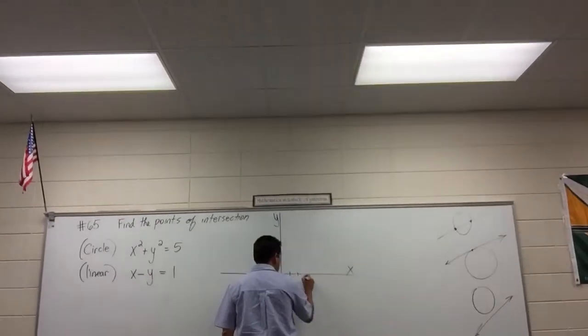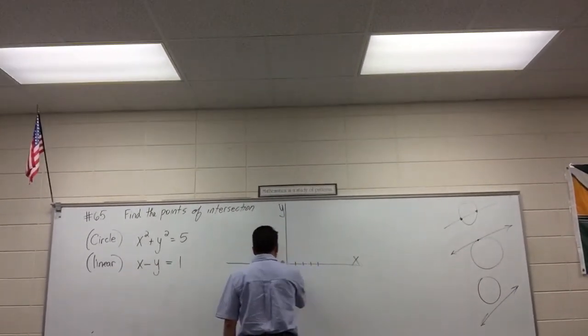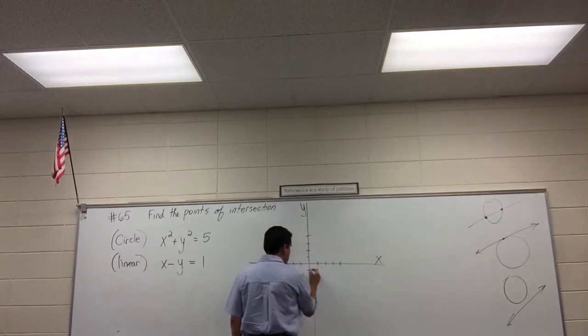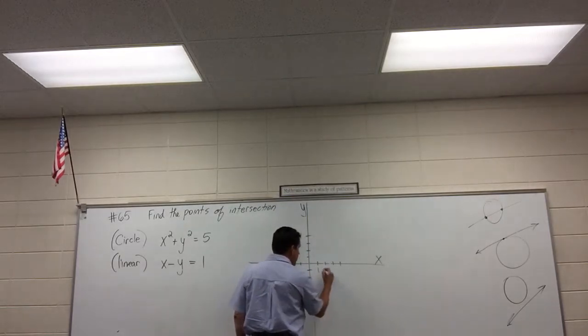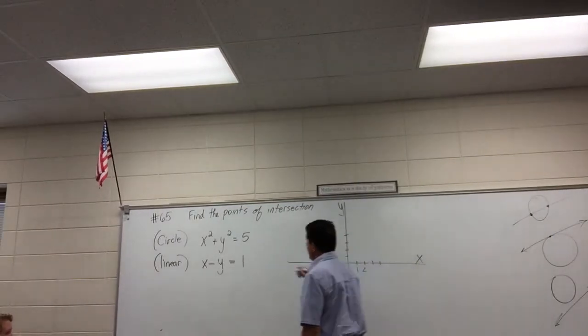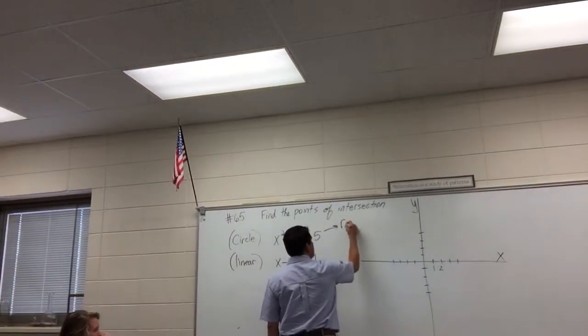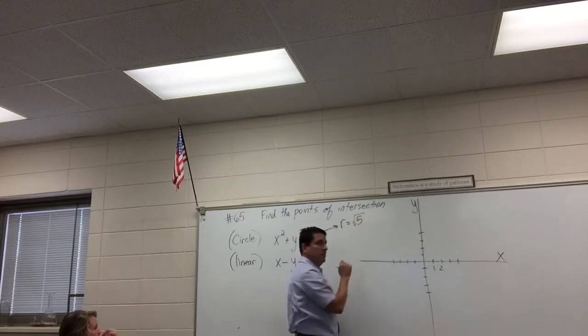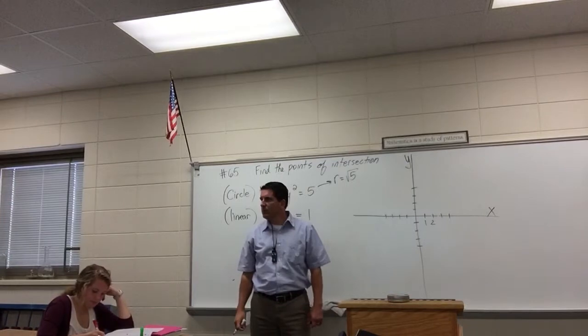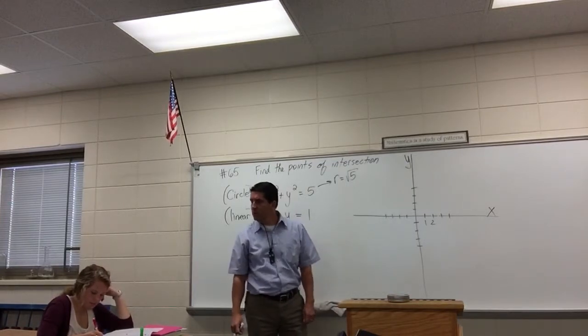So 1, 2, 3, 4. 1, 2, 3, 4. 1, 2, 3, 4. 1, 2, 3, 4. And let's plot this. So x² + y² = 5, which means that the radius is the square root of 5, which is about how much? 2.2?